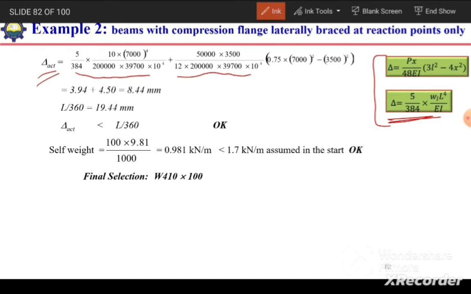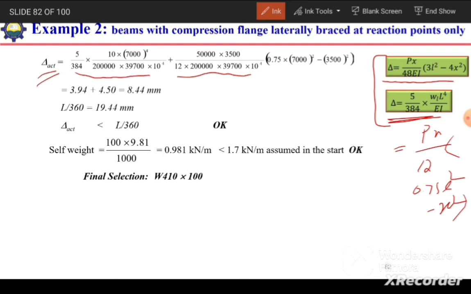Similarly for point live load the formula is Px over 48 EI times (3L square minus 4x square), and if we take this 4 common out of this expression, it will become Px over 12 EI into (0.75 L square minus x square).